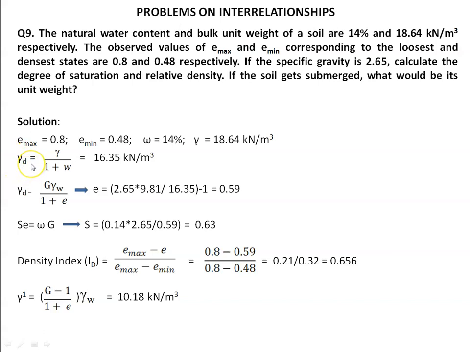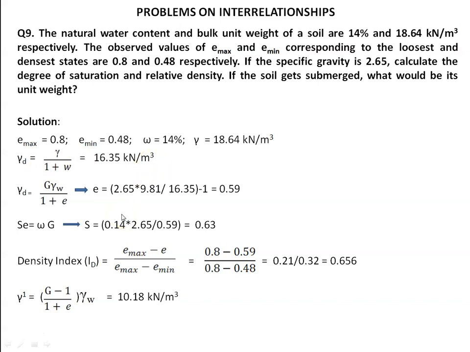Dry unit weight equals bulk unit weight divided by 1 plus water content. Then knowing the value of dry unit weight, by taking the equation gamma D equal to G gamma W by 1 plus e, we can estimate the void ratio, which is the in situ void ratio, and this dry unit weight is the in situ dry unit weight, that is corresponding to field condition.